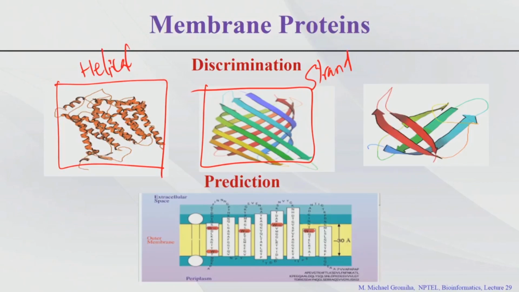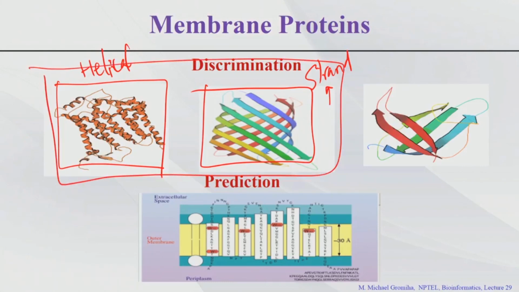If we have a set of sequences, or two sequences, you can say whether this sequence belongs to the strand type or not, or this protein belongs to the helical type or not, because these proteins perform different functions. So it is very important to identify the proteins in any genome, whether helix or strand, or to say whether it is a membrane protein or not. If you take this as a whole, these are membrane proteins.